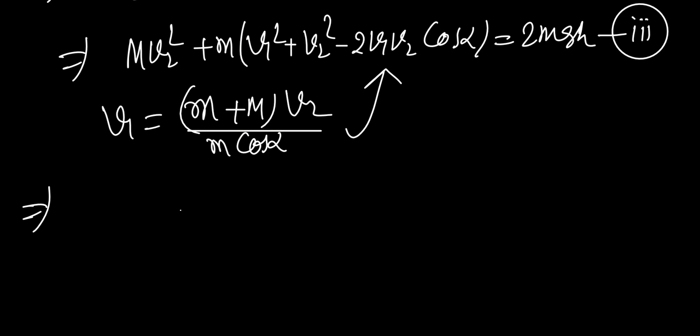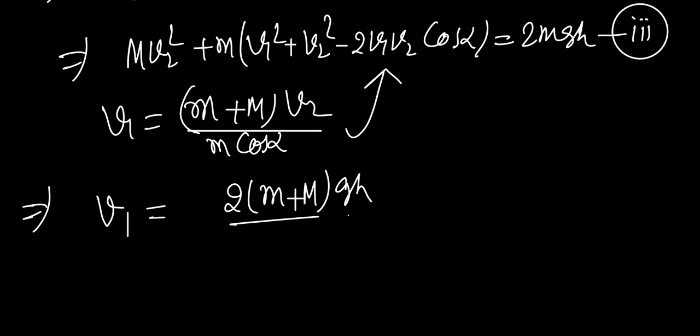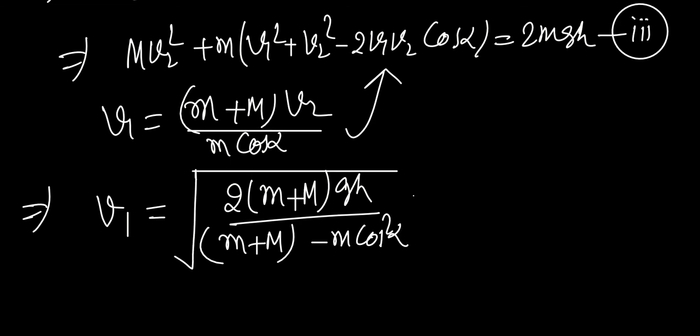By this substitution you will get v1 is equal to the square root of 2 (m plus M) g h upon (m plus M minus m cos square alpha). So this is v1.